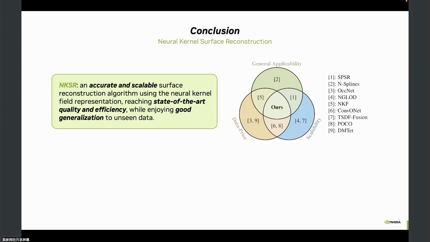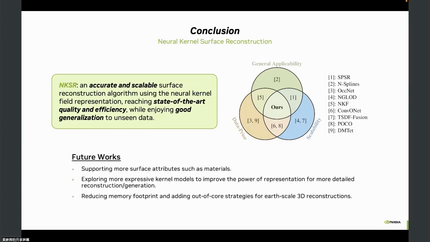So it bridges the gaps using this solver-based surface reconstruction framework. And in the future, in the field of surface reconstruction, it is worth exploring what other ways there are to combine the best of two worlds.